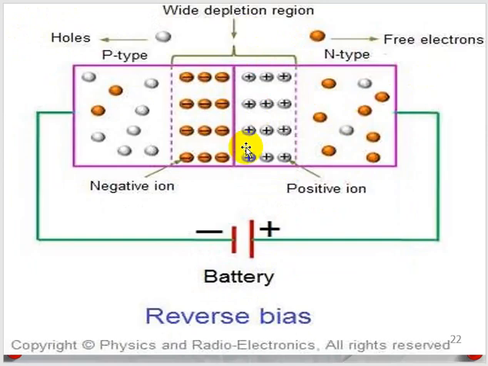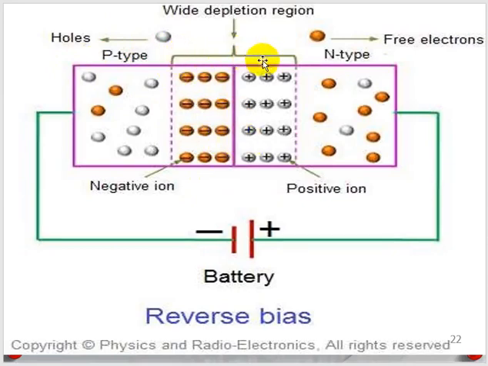Contrarily, if we look at this diagram, here negative is connected to P-type material and positive is connected to N-type material. Free electrons will move away from the junction and positive charge will gather closer to this junction, and the same way holes will move away from here and negative charge gathered closer to the junction.